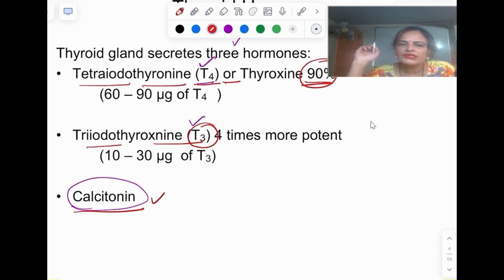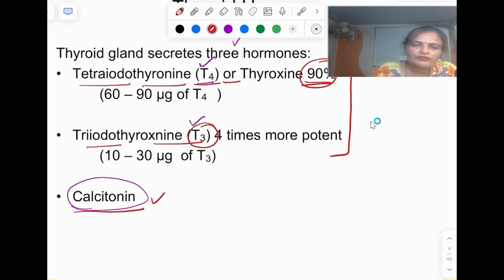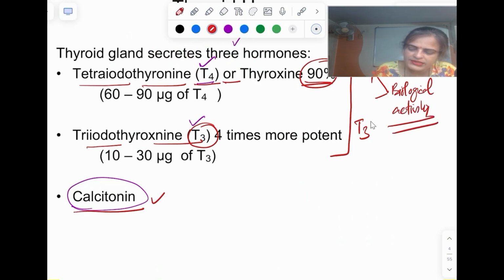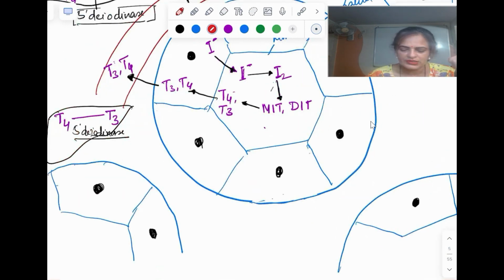So these three hormones come from the thyroid gland, but from the thyroid follicles only T4 and T3 come, and their biological activity is the same. So we are going to consider only these two under the thyroid hormone. T4 and T3, these are the two hormones which we are going to consider. Now see a bigger picture of this follicle.